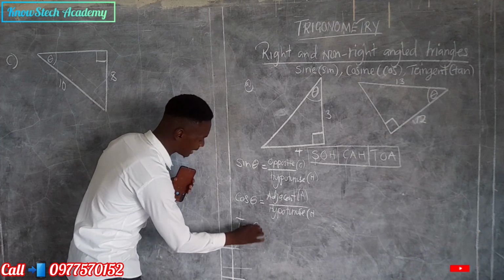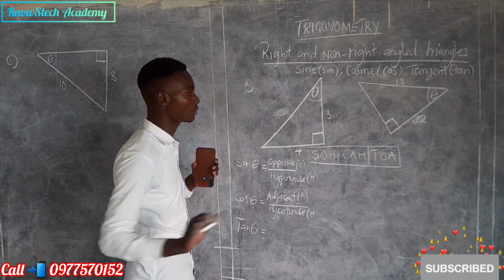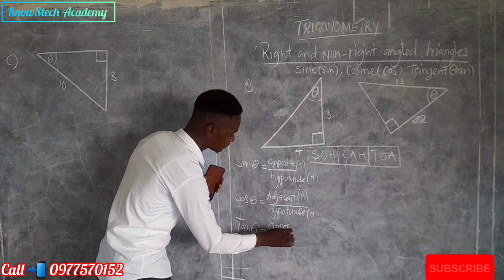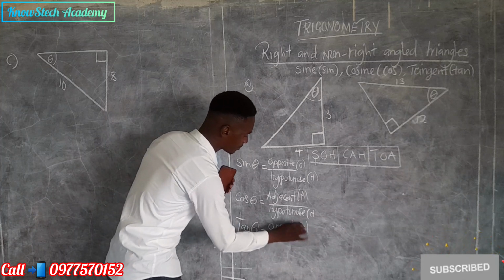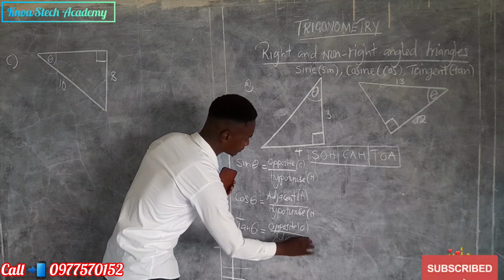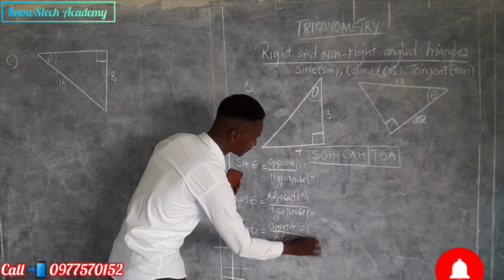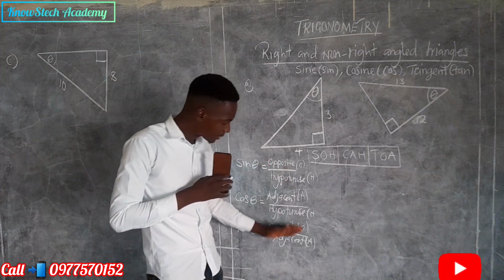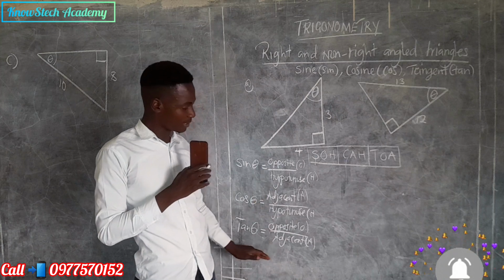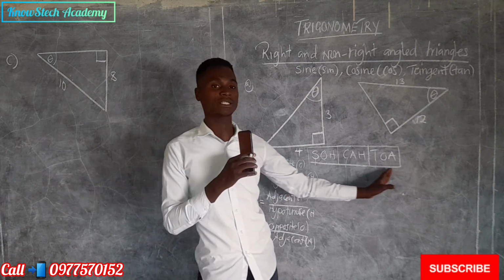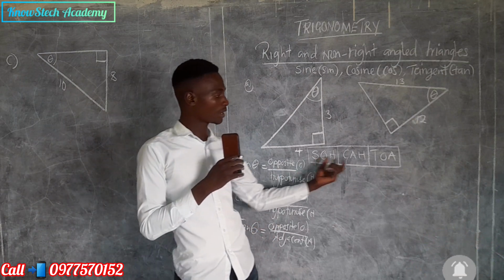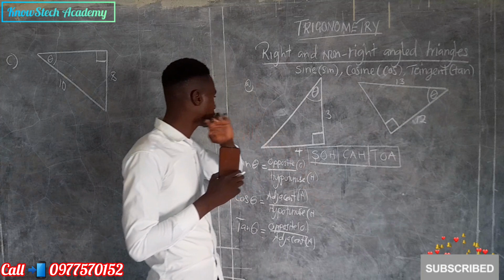So tan theta, which is tan of the angle, is equal to opposite over adjacent. These are what we call trigonometric ratios or trig ratios, these three. You can use this memory aid if you can't remember these formulae.